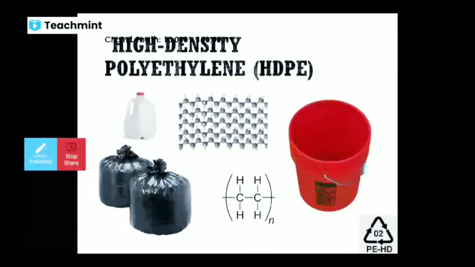High density polyethylene, HDPE, is used in buckets, plastic bags, bottles, jars. This is the structure of HDPE. Ultra high molecular weight polyethylene is used in joint replacement, helmets, gates, etc.